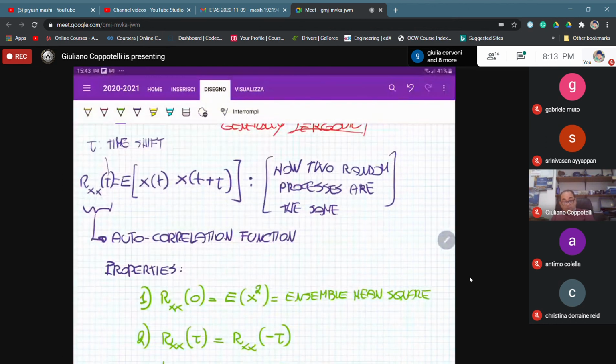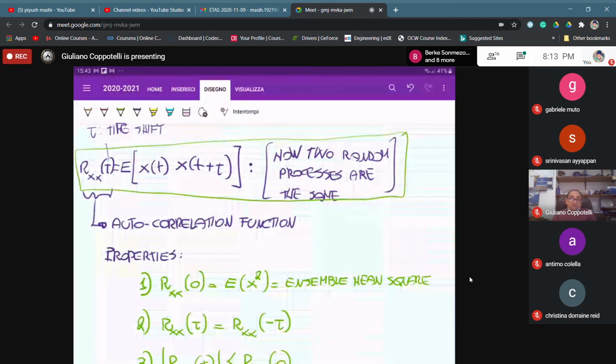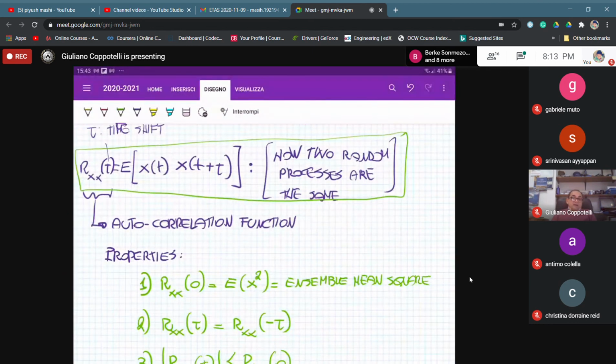By definition, these auto and cross correlation functions are evaluated as the expected value of the product of xt and y with a time shift. What does this correlation function mean? It is representative of the distance of these two events.